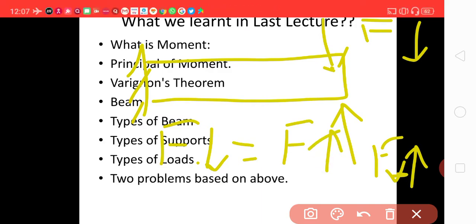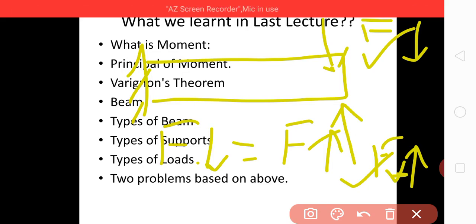In that condition, you will find that it is just getting a twist only, no bend. And these two equal and opposite forces will be called in that condition a couple. A couple is equal and opposite forces acting at some distance. If they are acting on the same line of action, then they are not a couple. But if there is a gap between them, then it will be called a couple. It has some characteristics we will talk about when we take this topic especially.